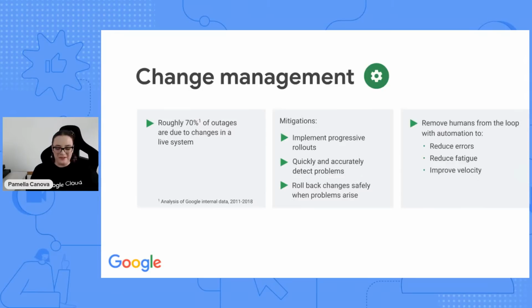Another thing that's very important in the process of SRE and in IT in general is change management, because there is a study here at Google that says that 70% of the outages we have were due to changes in the live system.